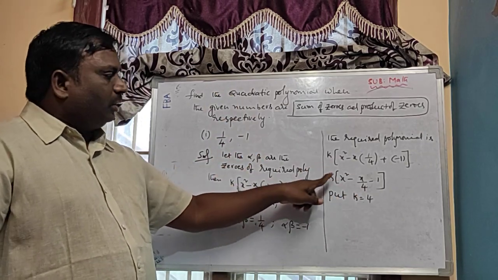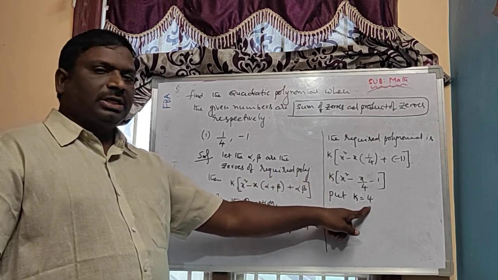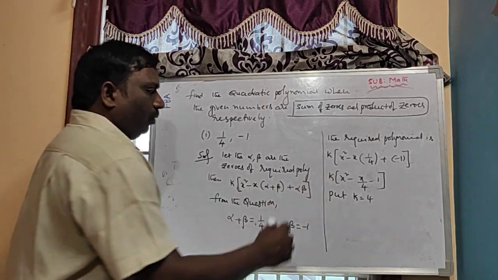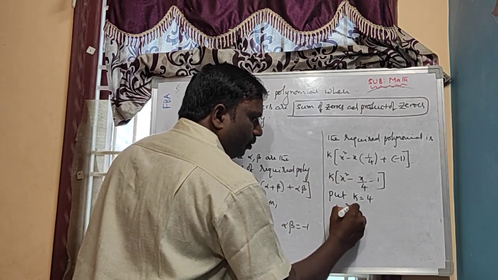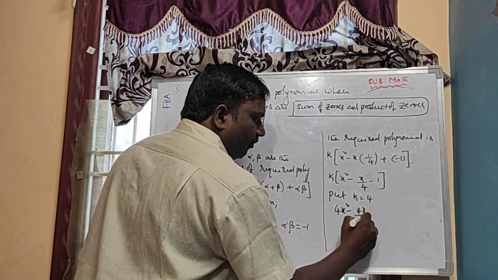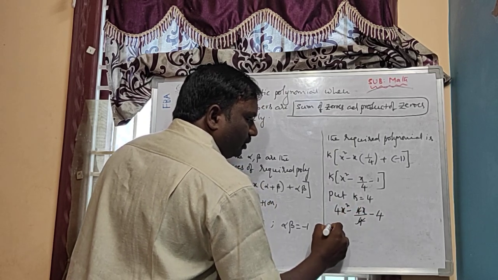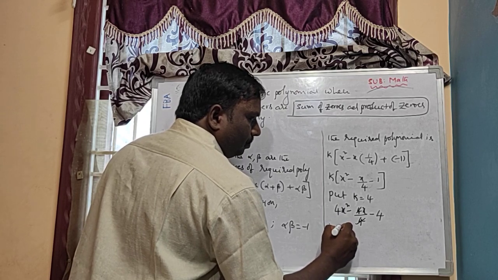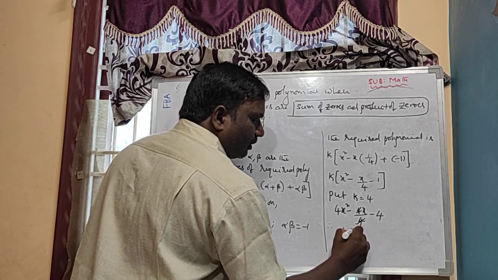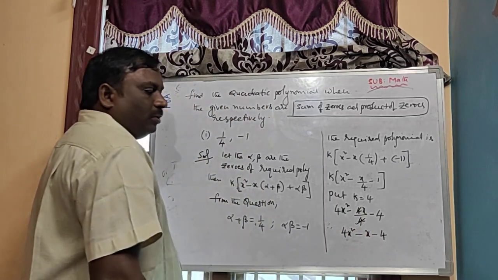To remove this 4, we multiply by some constant. That constant we are taking, put k equal to 4. When you multiply with 4, 4x square minus 4x by 4 minus 4. The 4 gets cancelled. Therefore, the required polynomial is 4x square minus x minus 4.